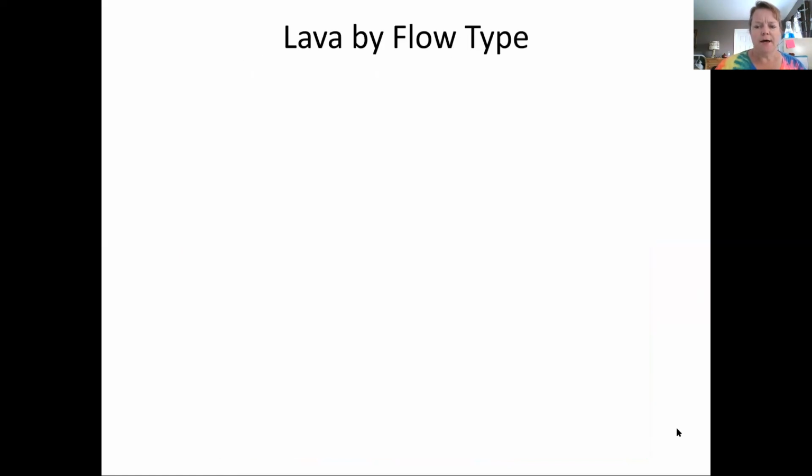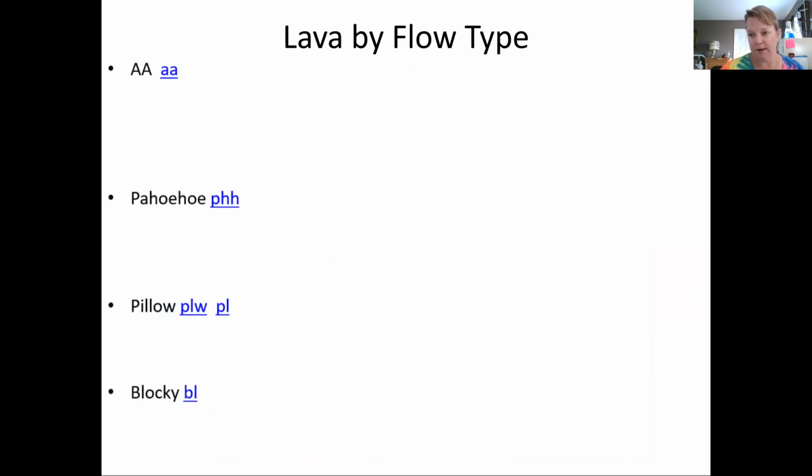Anywho, lava by flow type. So there's 4 main types, and they kind of have different names because the first couple are Hawaiian names, and I'm sure Mr. Ritzman could help you pronounce them better, him being from Hawaii and all. But there's A'a lava, there is Pahoehoe lava, we have Pillow lava, and we have Blocky lava.